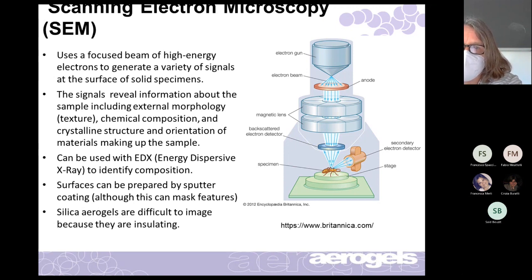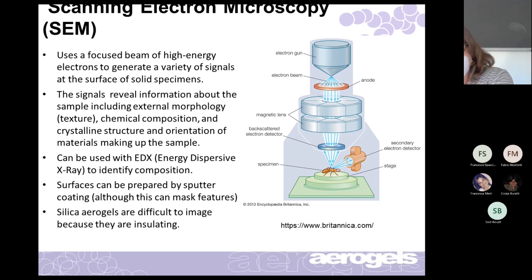One of the difficulties with an SEM is that sometimes you have to prepare your surfaces by sputter coating them with some kind of metal. That can be problematic because if you're coating a very nanoporous structure, particularly for aerogels, it can mask the features, so you won't see as well what you want to look at.